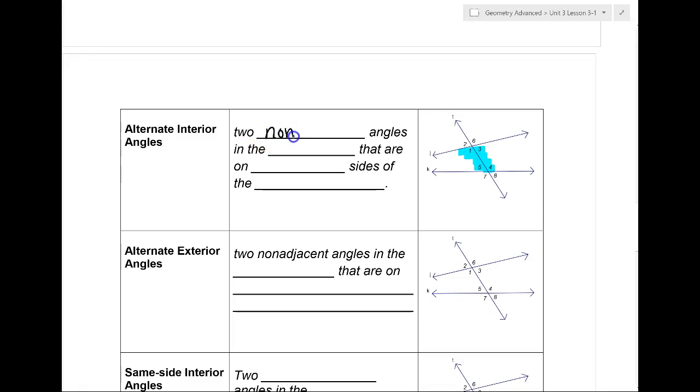Two non-adjacent angles in the interior that are on, get this, alternate sides of the transversal. I always tell people it makes a Z shape.